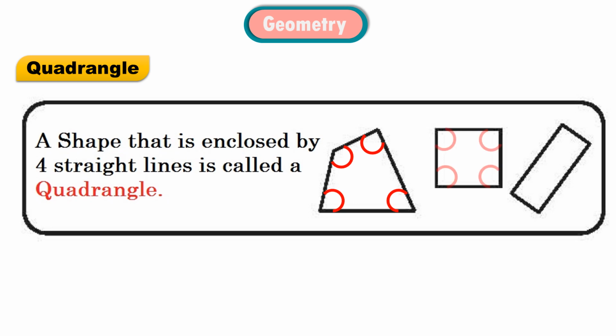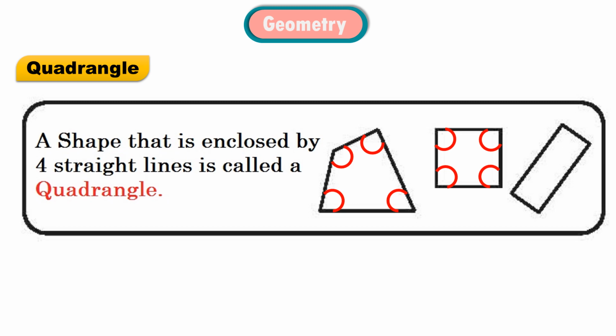Similarly, in the next picture there are also four angles, so it is known as a quadrangle as well. And in the most right part, there is also another quadrangle. All of them are similar. They have the common facts that they are enclosed with four straight lines, and also they have four different angles. So shapes that are enclosed with four straight lines, and create four angles inside them, will be known as a quadrangle.